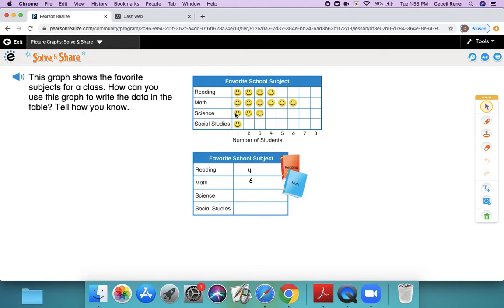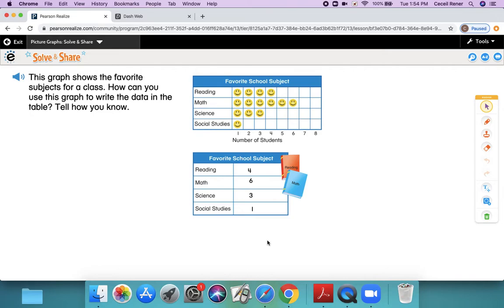Okay. How many like science? 3. So we can put a 3. Nope, I keep doing that. Hasn't worked yet. Probably won't. And 1 like social studies. Okay. So there we have it.